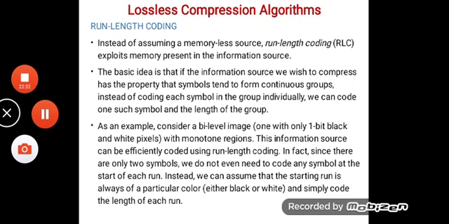So instead of coding the information of that particular pixel, if we can work on the length of the repetitive occurrence, then obviously we can save a lot of data. For example, if 5 ones are there, obviously what we are going to transmit is 1 1 1 1 1.